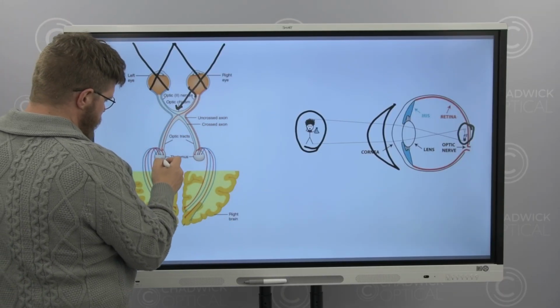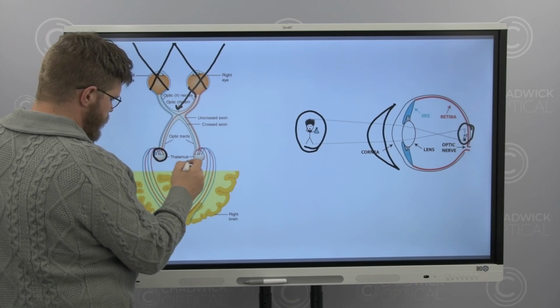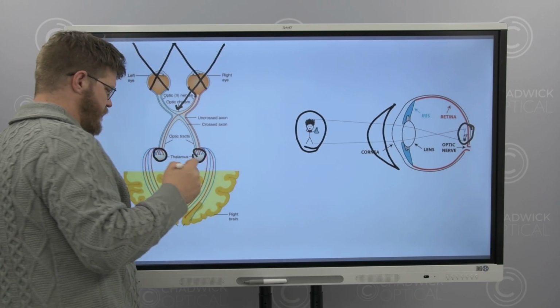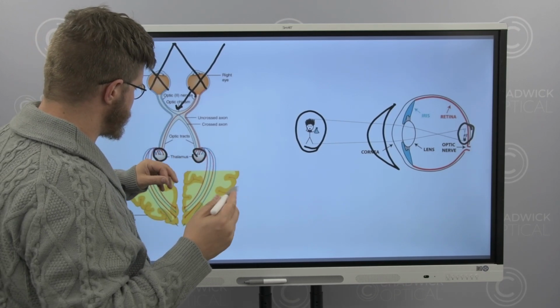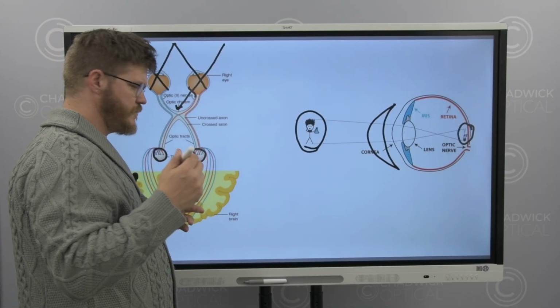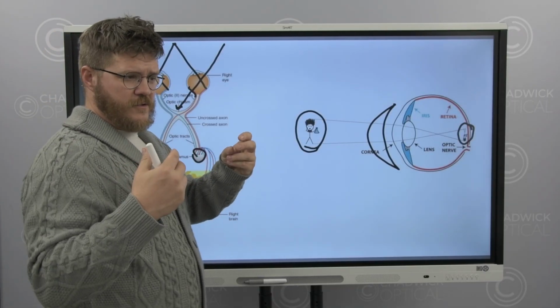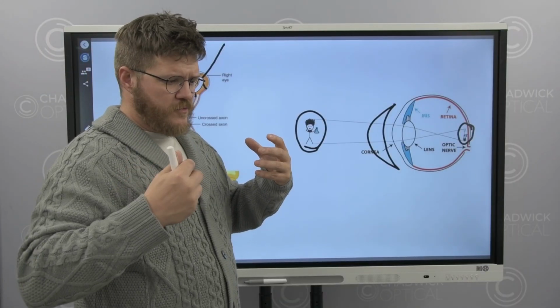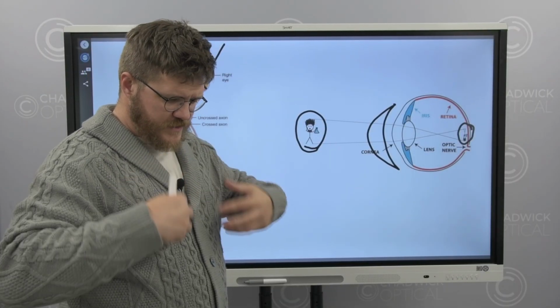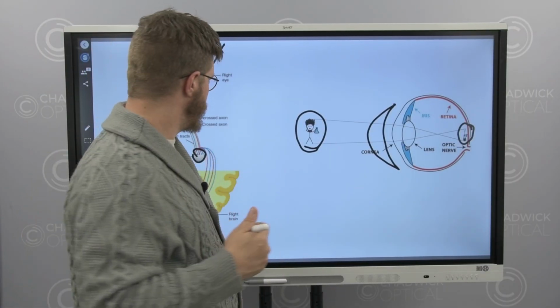Next stop is here, which is called a lot of things. It's labeled thalamus. It's also called lateral geniculate nucleus. Ultimately, it connects your visual data to your brainstem and some of your more basic human functions.